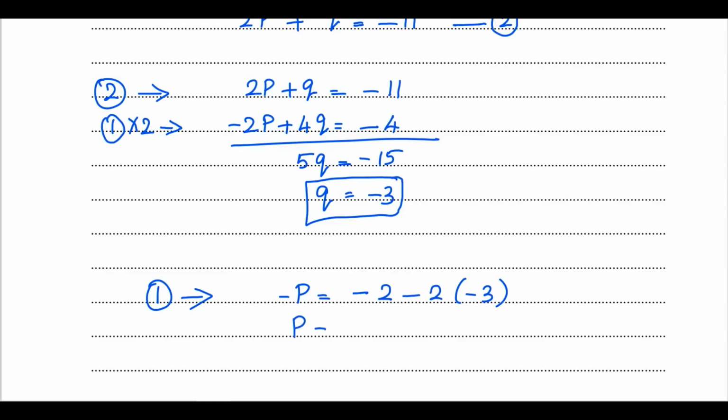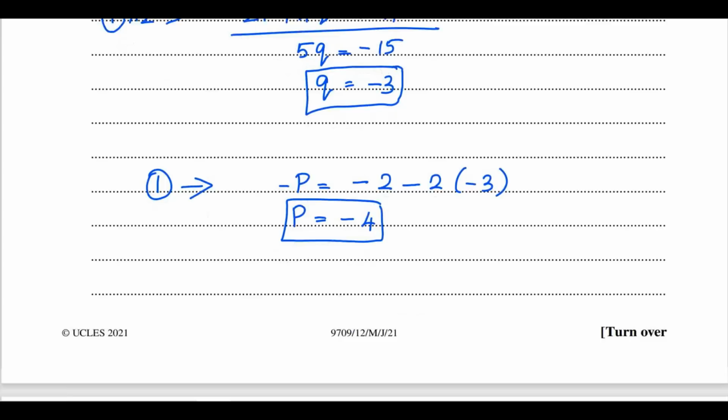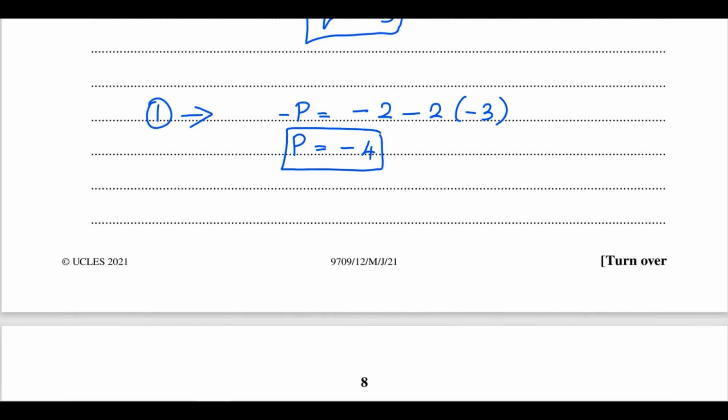So p is equal to minus 4. So p is equal to minus 4 and q is equal to negative 3.